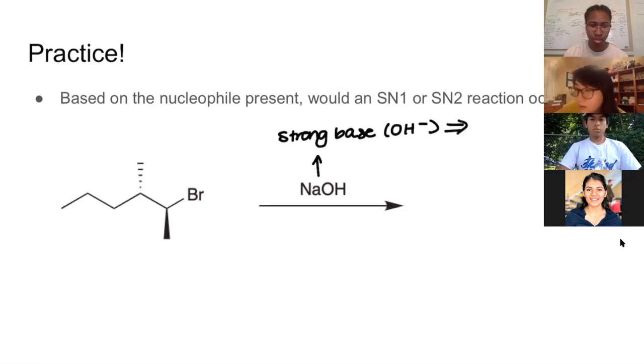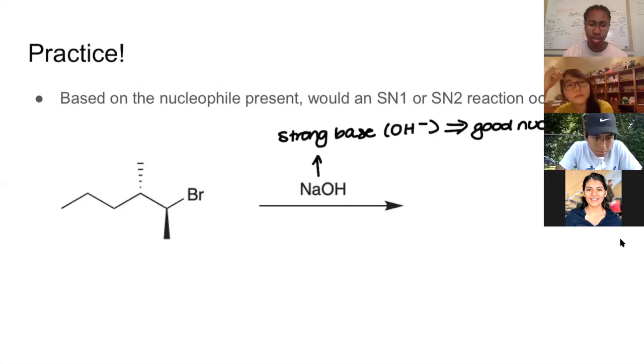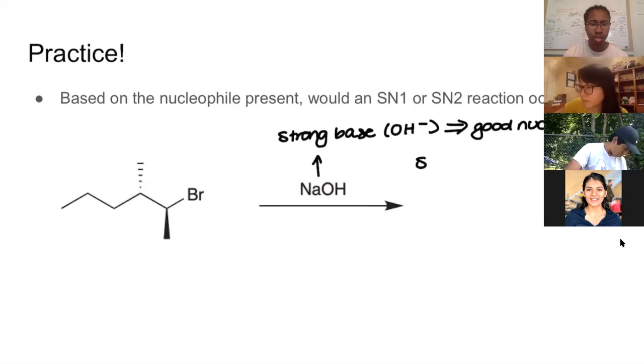And so do you think this is an SN1 or an SN2? SN2. Exactly. Good nucleophiles are for SN2. SN1 can generally happen with a poor nucleophile. And so something you want to check real quick is the following.